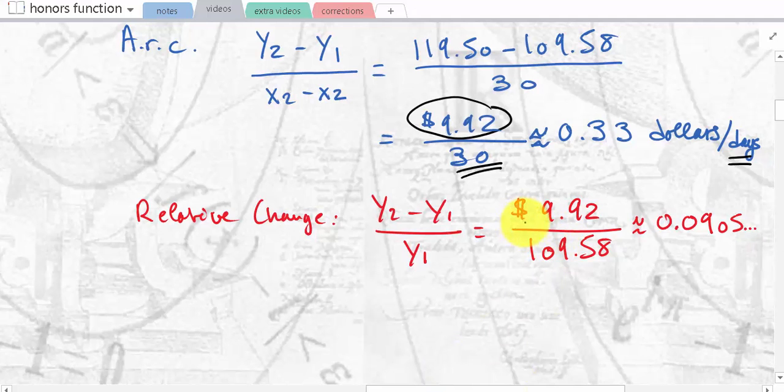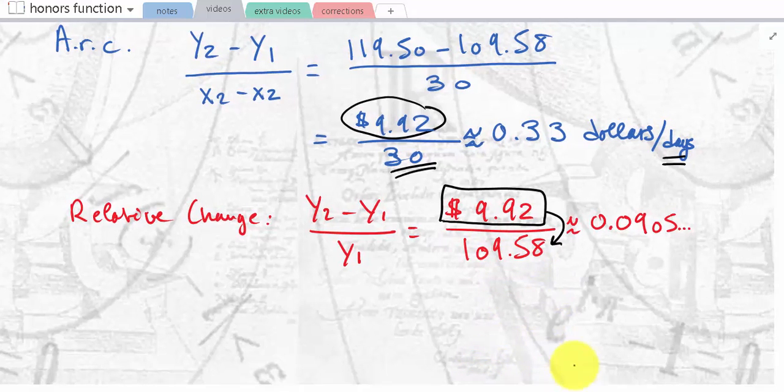So what does that mean? Well, it's a total change per unit of the initial output. You divide by the initial output.